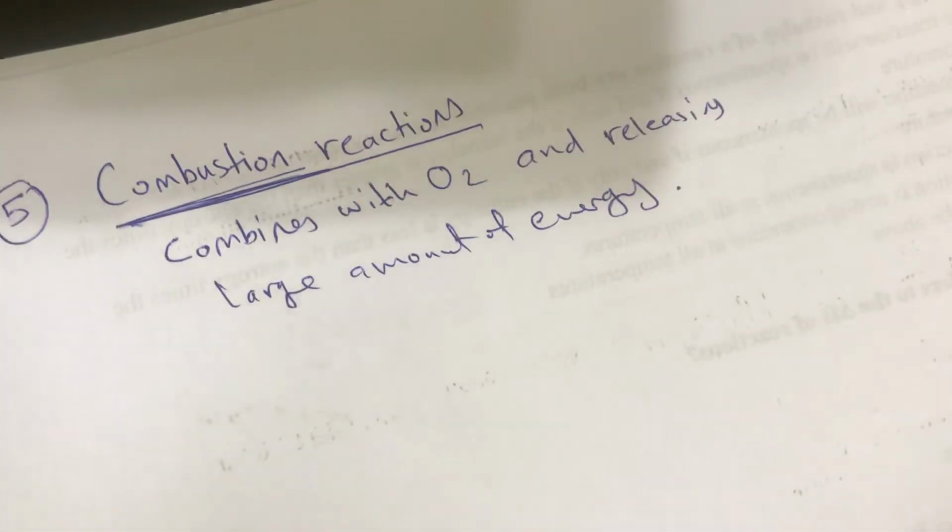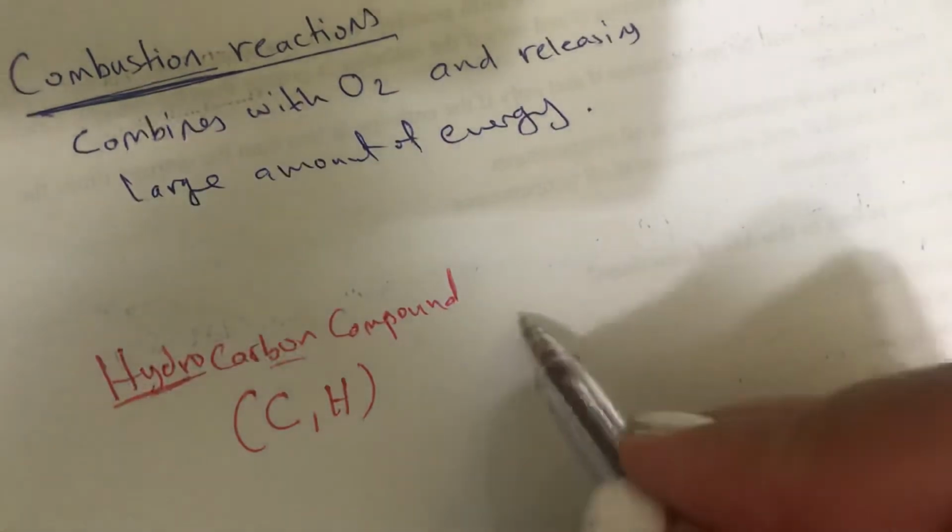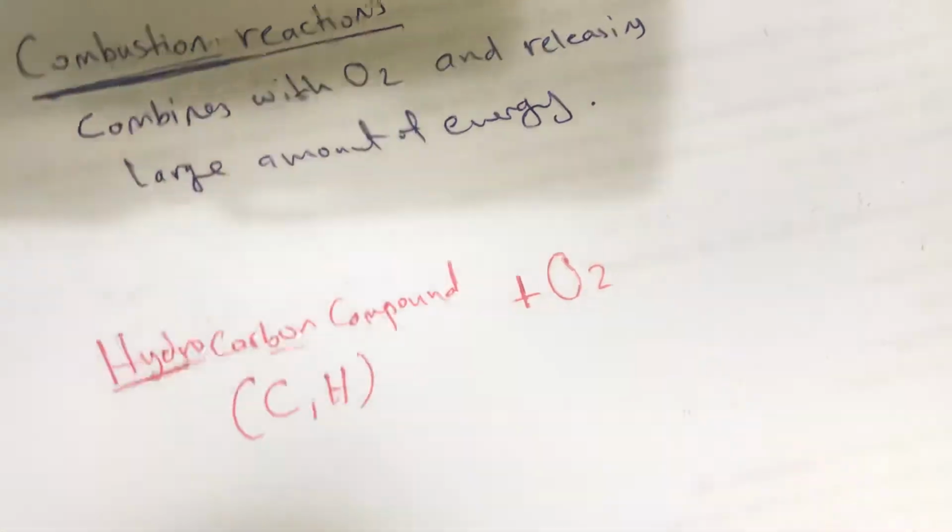What is the general formula of combustion reactions? Hydrocarbon compound. Hydrocarbon compounds, from the name, contain hydrogen and carbon. Here it combines with oxygen, so plus oxygen.